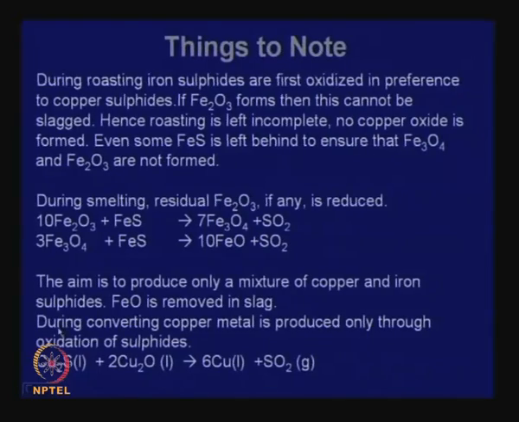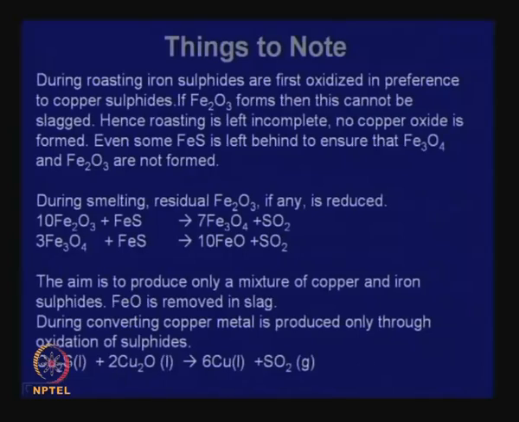Converting is where we start oxidizing the matte. First, iron sulphide is oxidized to produce FeO, which is removed in a converter, and then copper sulphide starts getting oxidized.